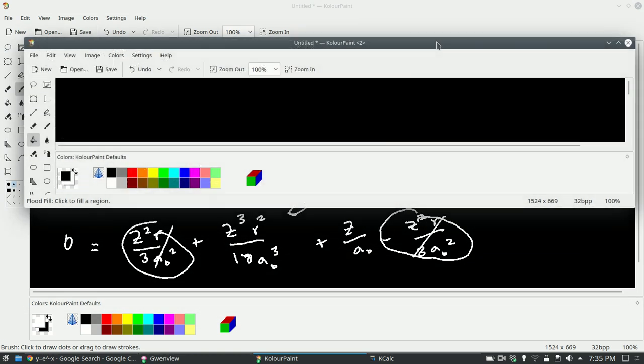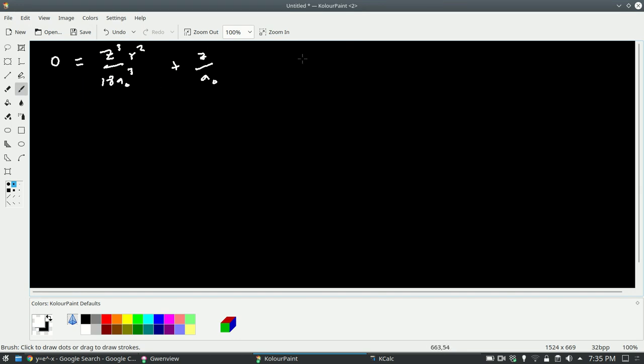Okay, so this means that 0 equals z cubed r squared over 18a naught cubed plus z over a naught. Okay, and that means that I'm going to subtract this guy on both sides, so negative z over a naught equals z cubed r squared over 18a naught cubed.